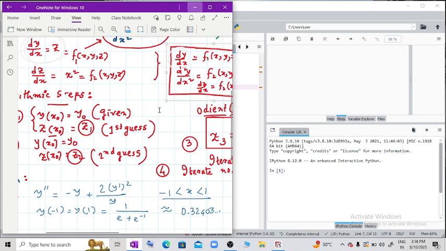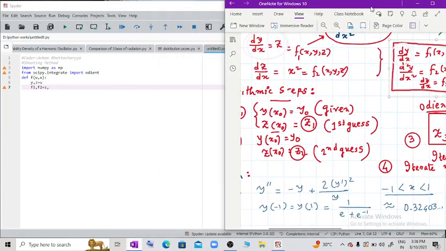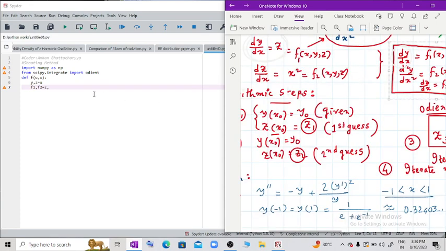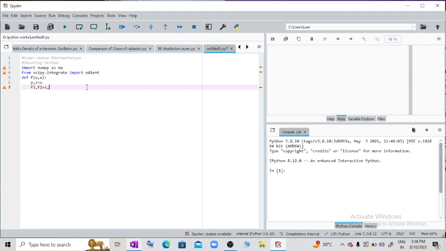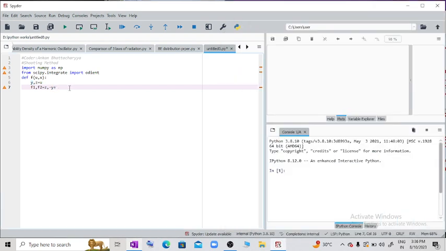Let us put it here: z, and the second is minus y plus 2z square divided by y.